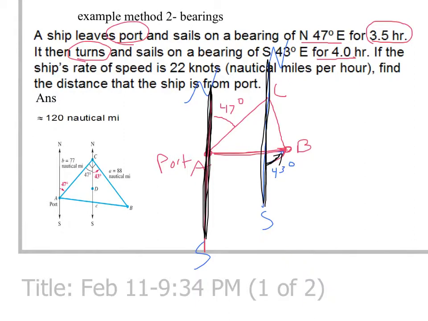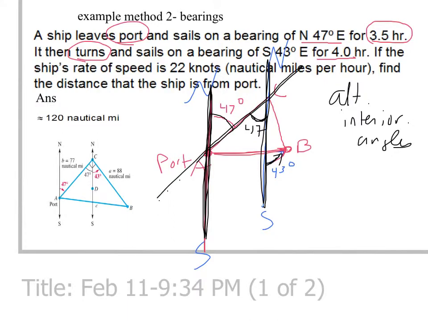This will help you see it. If from here to here is 47 degrees, then guess what? From here to here is also 47 degrees. How come? Note to self, alternate interior. When we talked about alternate interior angles, two parallel lines cut by a transversal, in essence this AC here is a transversal. So those alternate interior angles are equal.